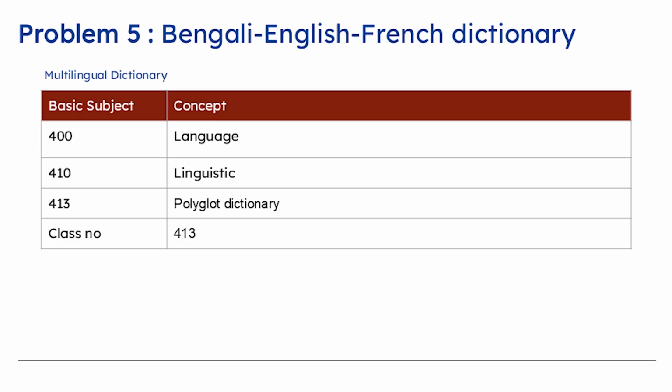So we will classify systematically: we will write 400 language, then 410 linguistics. Here no particular language is given. Before this, in problem 4, we found a monolingual dictionary and a bilingual dictionary.